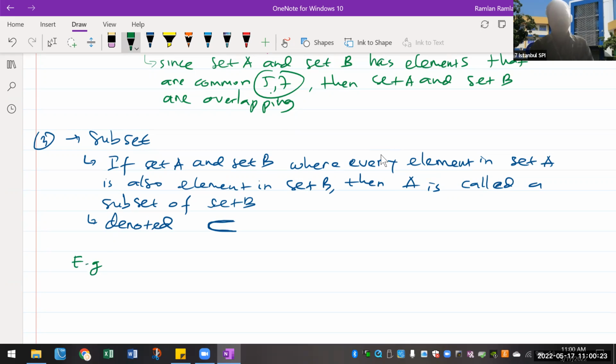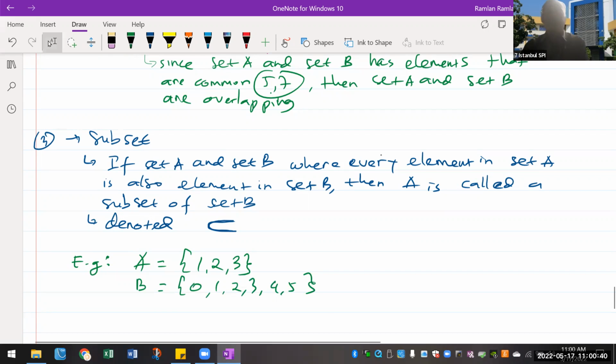Example given. For example, given set A, the elements are 1, 2, 3. And set B, the elements are 0, 1, 2, 3, 4, and 5.